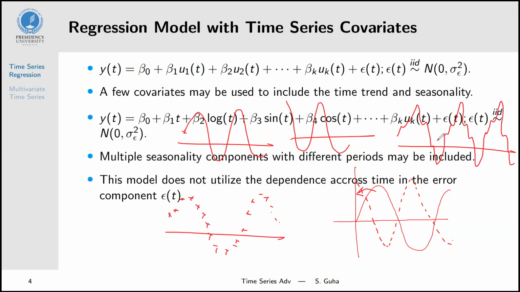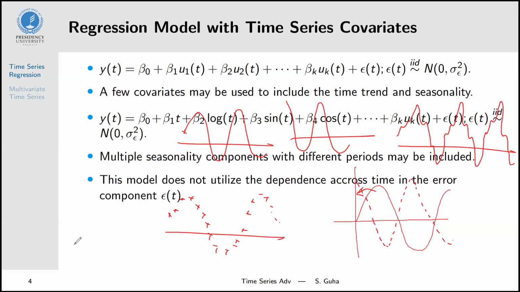When you see such a strange kind of seasonal pattern, that generally indicates that multiple sine and cos terms may be involved, but you have to decide carefully. Just by looking at the graph, it is not possible to say how many such functions are involved.